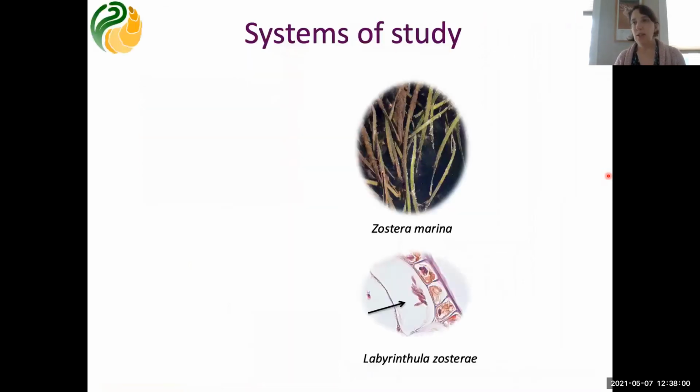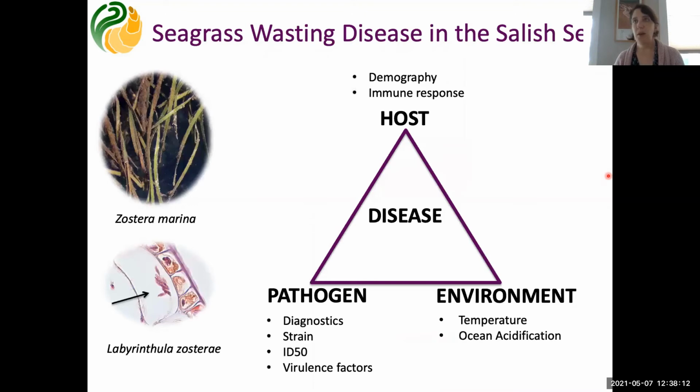So I will move into talking about something completely different, though I think you'll see how it comes back to oysters. I tried to highlight the oyster side of our work here. But I did want to say that we've been working on seagrass wasting disease in primarily Washington State and the Salish Sea, really focused again on factors related to the host, such as demography, immune response to the pathogen, including diagnostics, looking at strain variation.